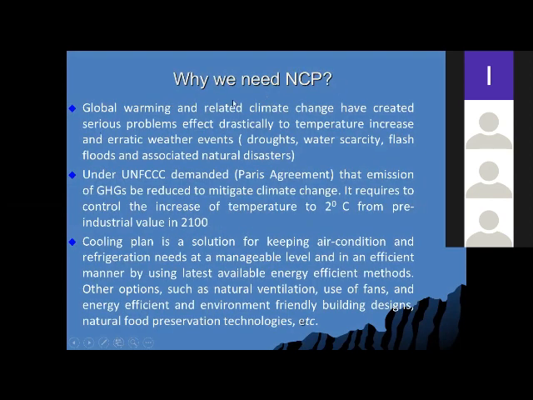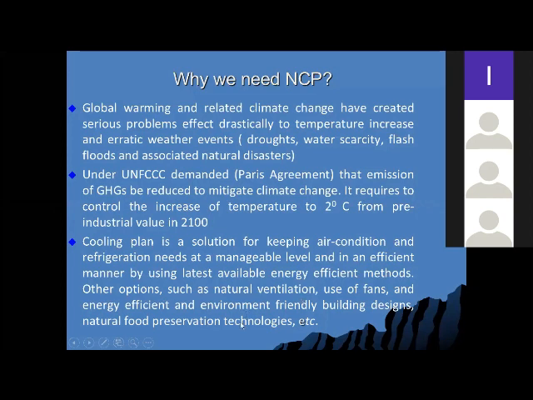Global warming and related climate change have created serious problems like drastic temperature increase and irregular weather patterns, floods, and so on. Under UNEP and the Paris Agreement, GHG reduction is a must to keep the temperature under control. The cooling situation is air conditioning and refrigeration need at a manageable level and in an efficient manner by using the latest energy efficient methods and also natural ventilation.